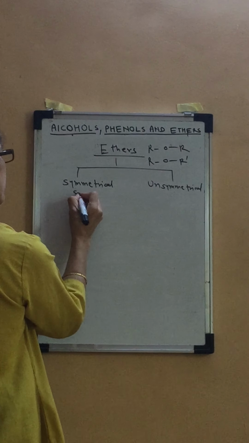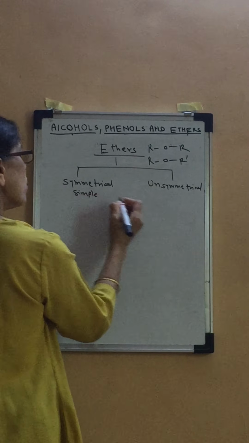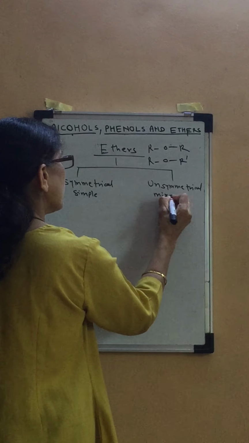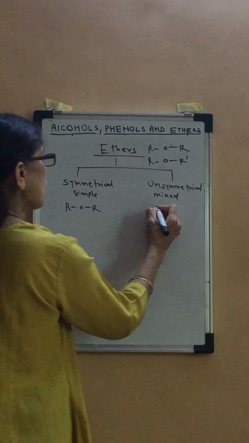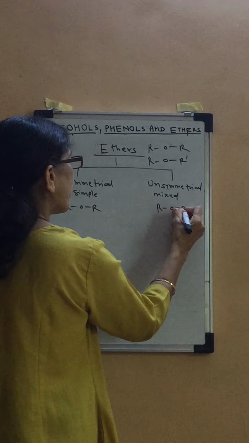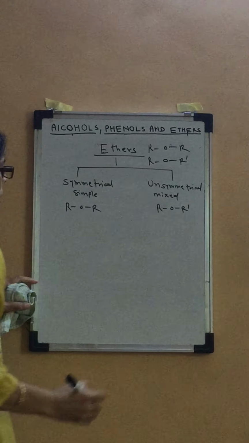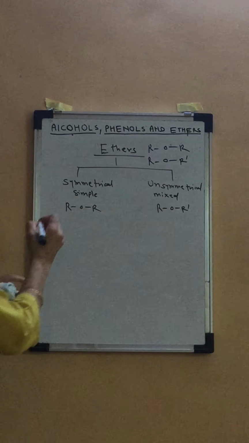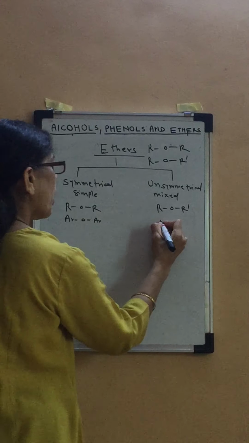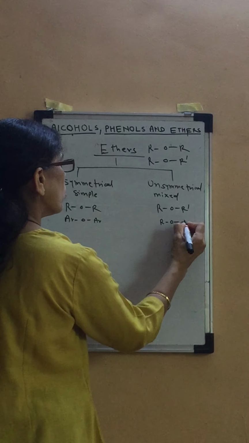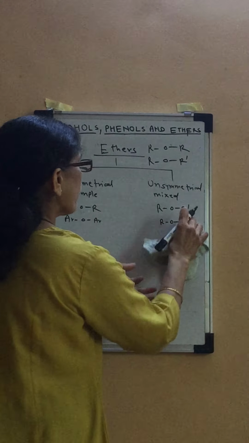Symmetrical ethers are simple ethers, and unsymmetrical ethers are mixed ethers. Symmetrical ethers have general formula ROR, and unsymmetrical ethers have general formula ROR dash. It can be aryl also, ROAr also, isn't it?